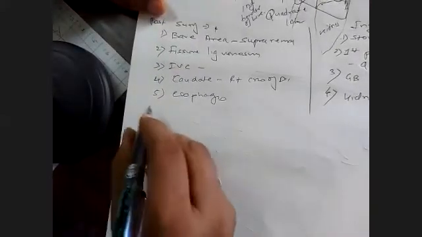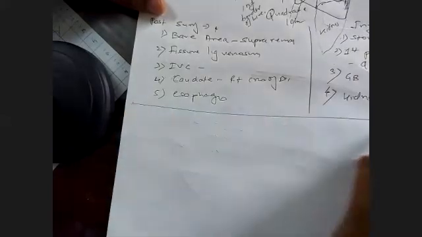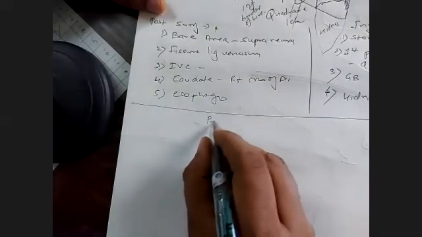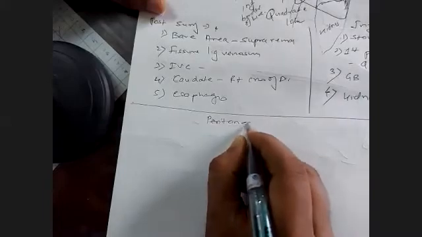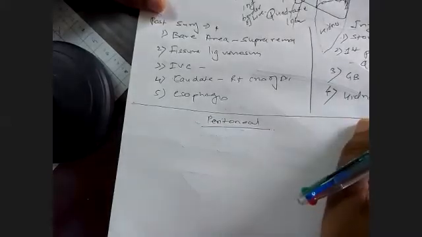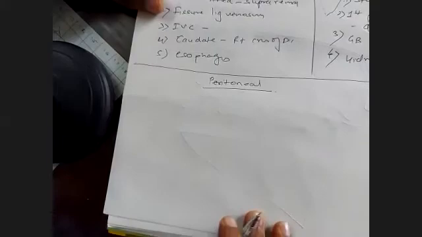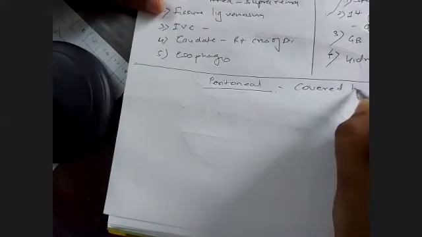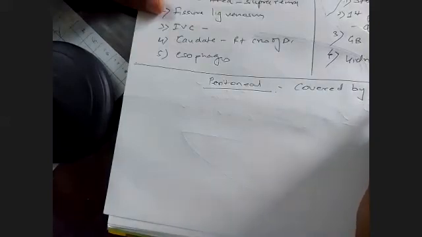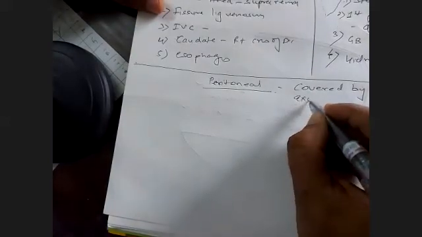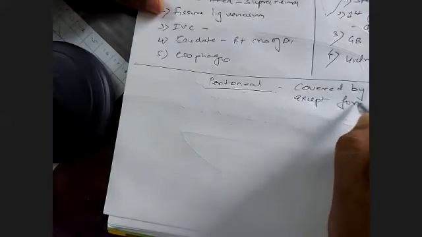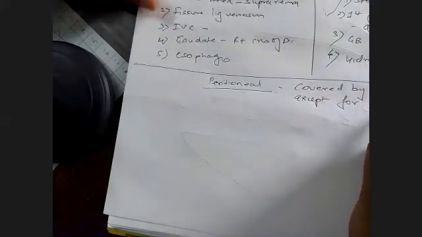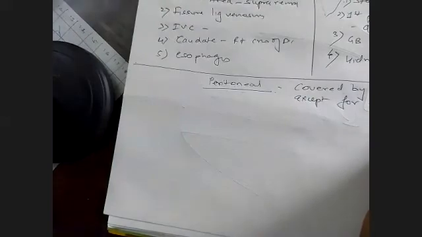Now, actually, we are supposed to discuss the peritoneal relations first, but I talked about the visceral relations first. Now we'll talk about the peritoneal relations. The liver is covered by peritoneum, except for a few bare areas. So what are those bare areas on the liver?